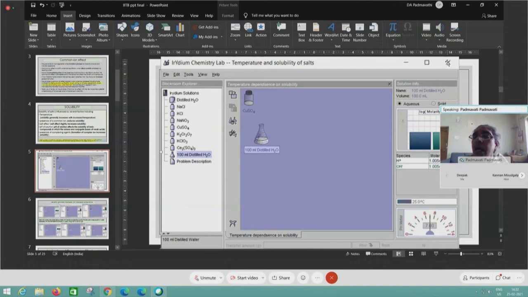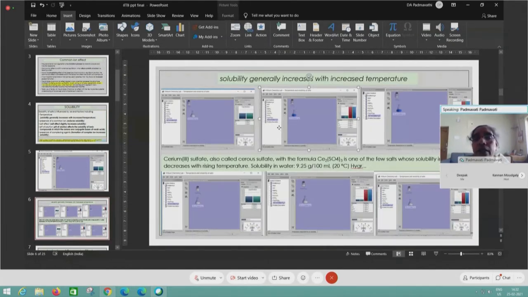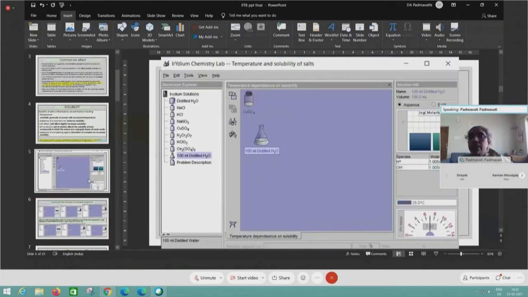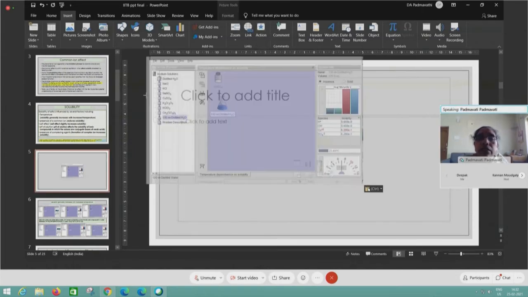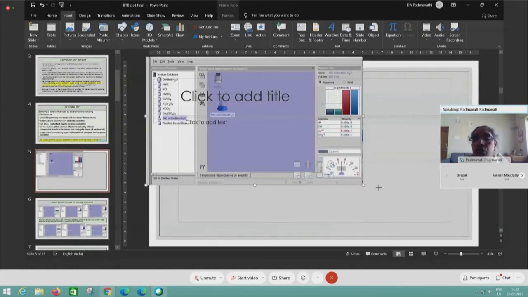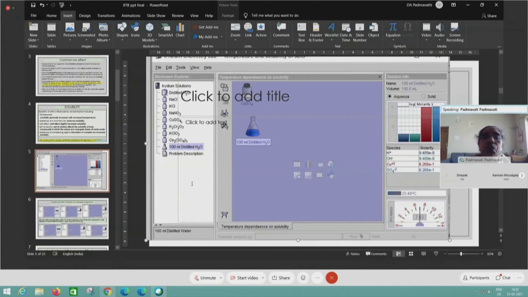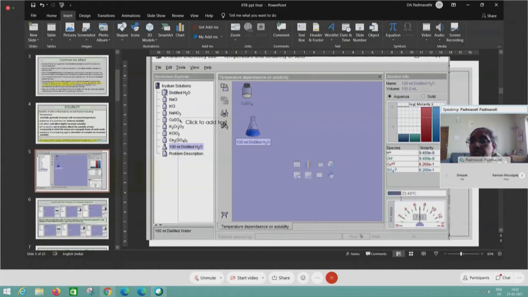I'll close this and pick up another, and paste it here. We can also note what happens to the pH as well. Here you have a pH meter.